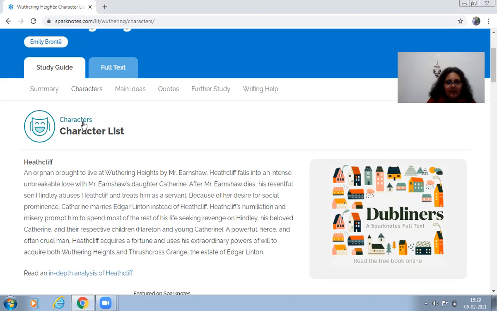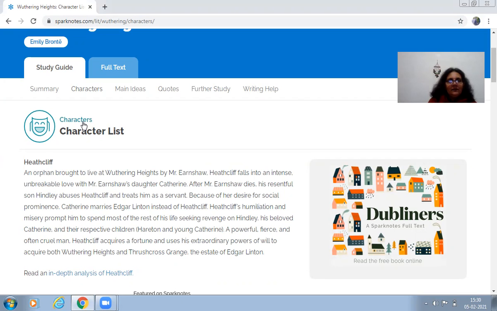He loves Catherine, and there is a lot of description in the novel of how when they are young children they go to the moors for playing different kinds of games, and he doesn't like their playing with each other. Heathcliff develops into a powerful man, a strong man, in fact cruel as well.